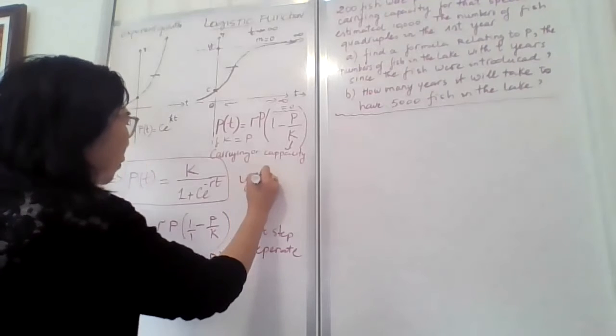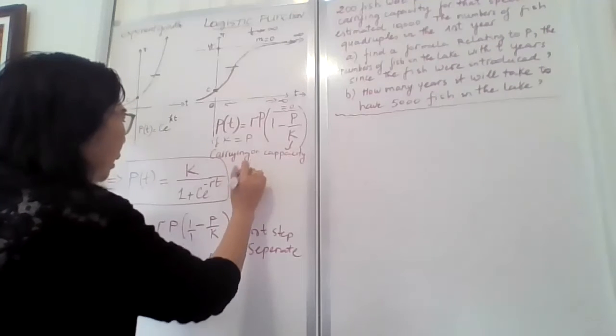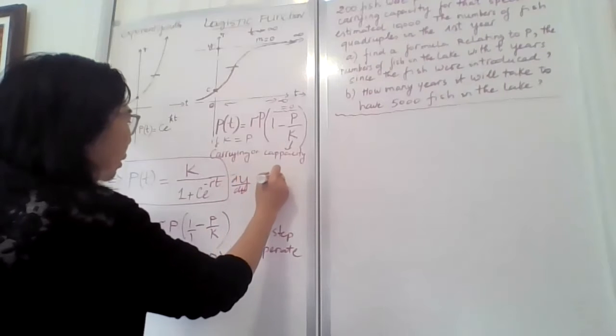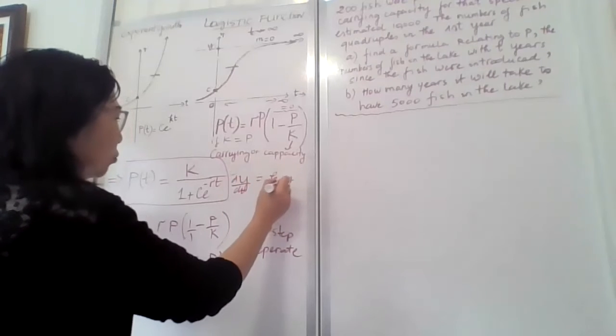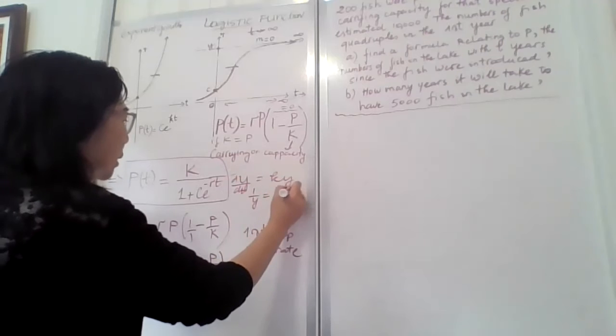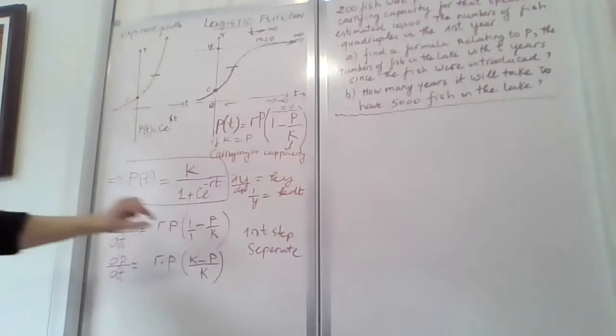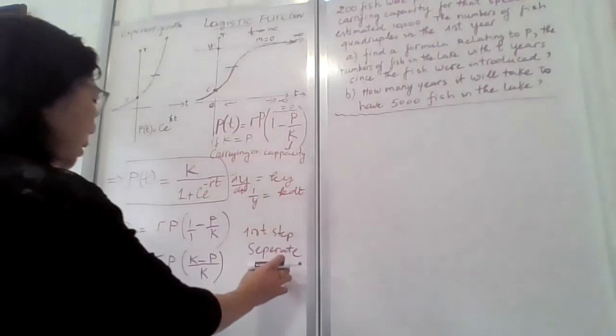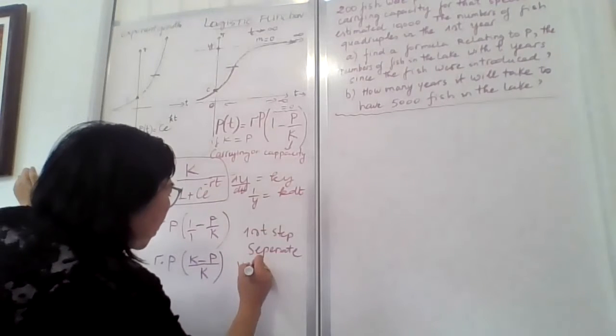Like remember before we did something like this, dy over dt equals ky, right? And then we put the k underneath and we put the k dt up here, right? That's how we first learned. Now we do the same for this, right? First step, separate the variables.